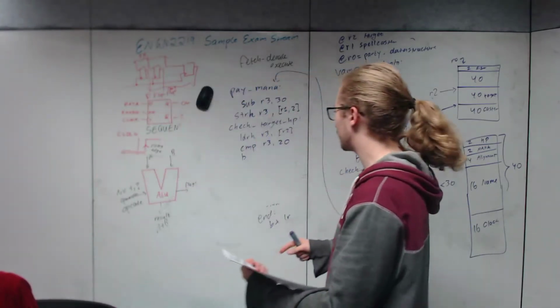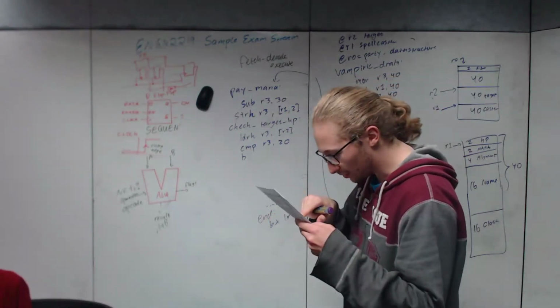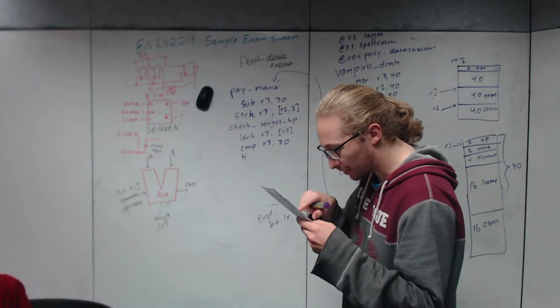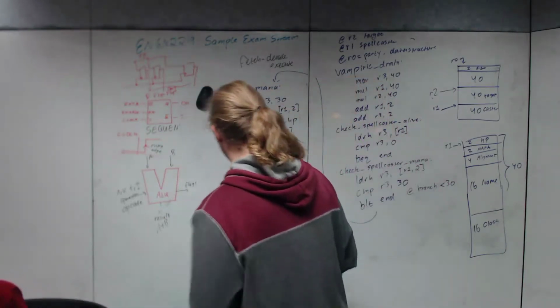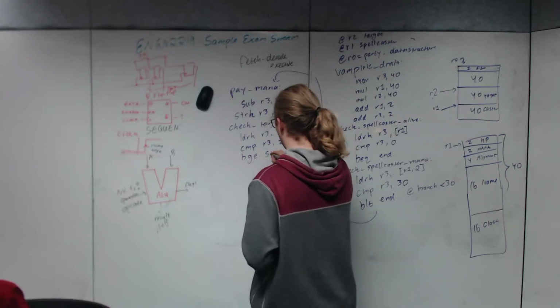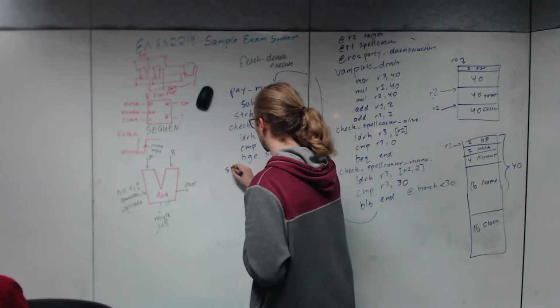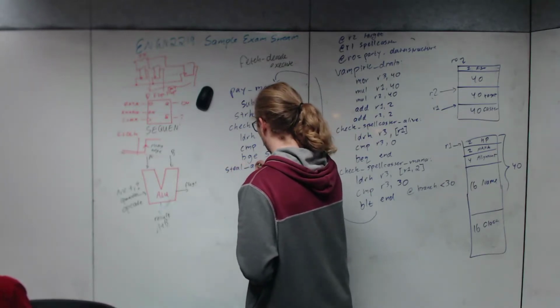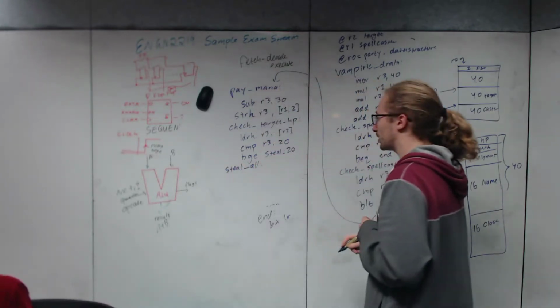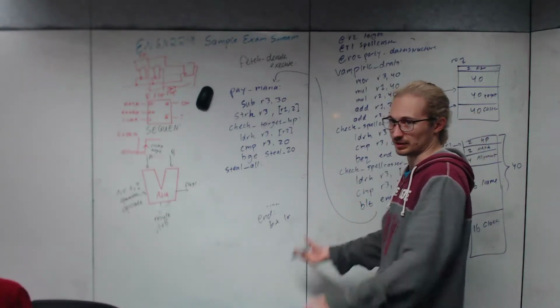I want to branch if it's greater than or equal to 20, steal 20. Signed greater or equal to is BGE. So branch greater than or equal to, steal 20. And then otherwise I'll steal all of it. If I want to steal all of it, that means he's got 19 or less HP. So now his HP is 0.